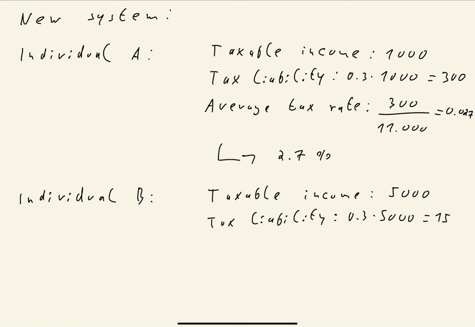So you see, this is substantially more than the tax liability of individual A. And now we can calculate the average tax rate, which is then 1,500 divided by the total household income.